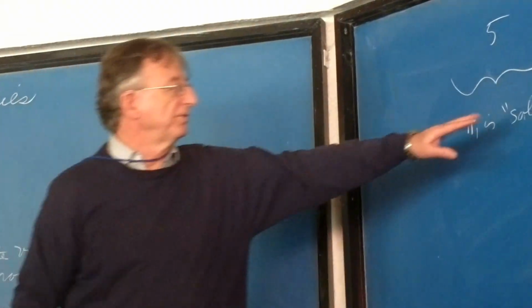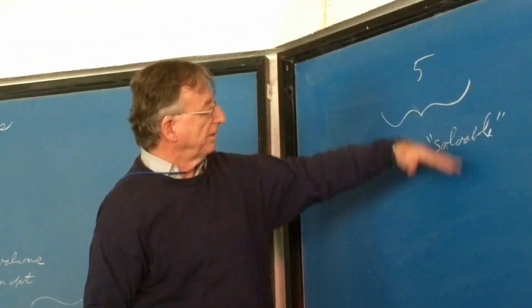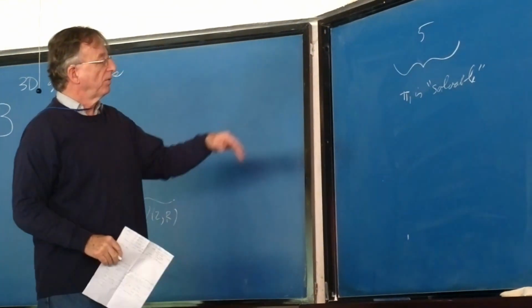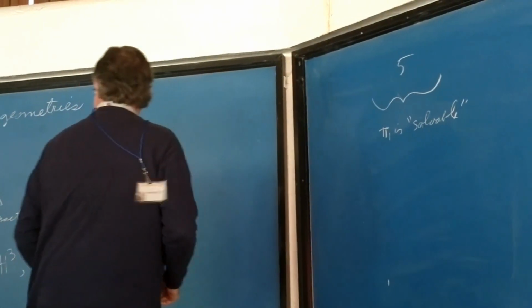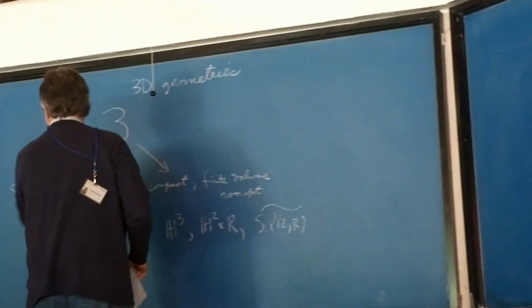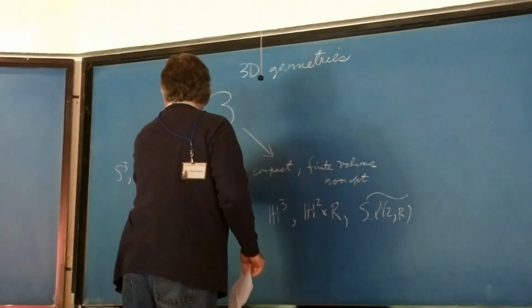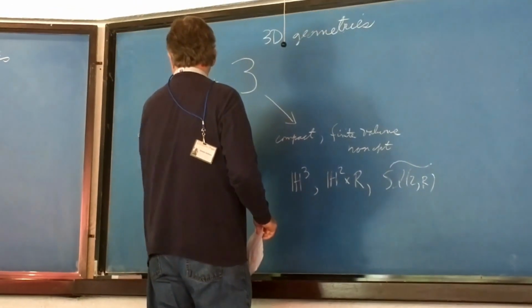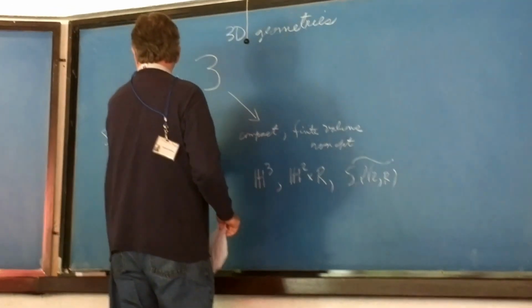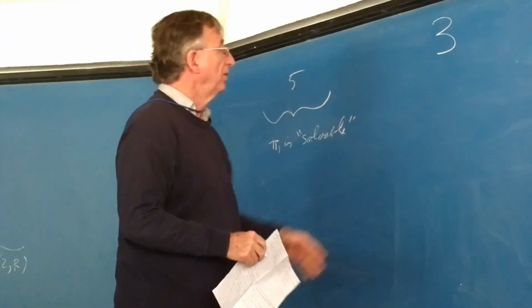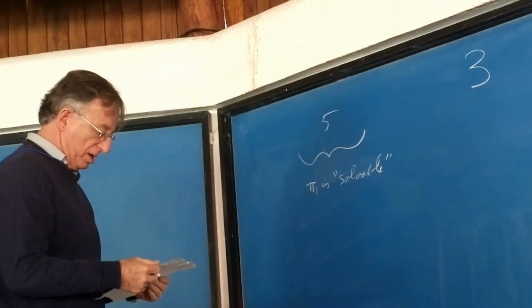So if I put something in quotes that's about groups, it means maybe it has a subgroup of finite index. So here pi 1 is solvable. For these 3 it's abelian essentially, and this is nilpotent, this is solvable. And then these are not solvable, even with quotes.